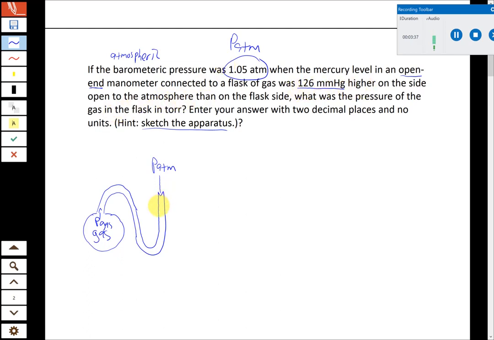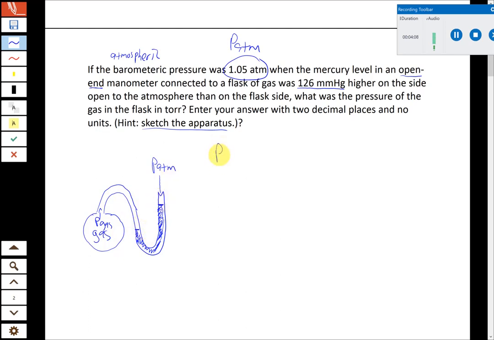So that means we have this situation. The level is going to be somewhere there for atmosphere and somewhere lower on the side closest to the gas container. And so what I'm shading in here is basically what the mercury column would look like, higher on the side open to atmosphere than over here. So what this means, if you think about it in physics terms, is that the gas is pushing harder than the atmosphere to be able to create this imbalance where the mercury column is lower on this side than it is on this side.